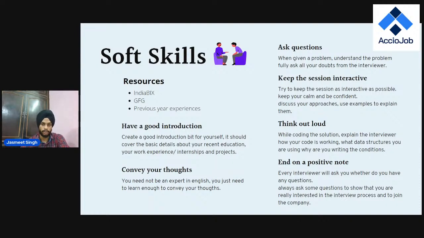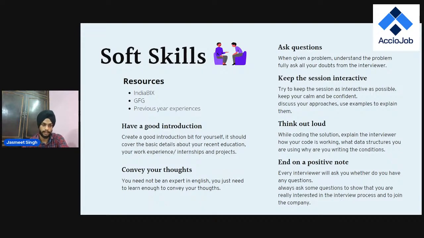Okay, so my suggestions for soft skills start with having a good introduction, because when you start an introduction, you basically set the pace and the flow of your interview.